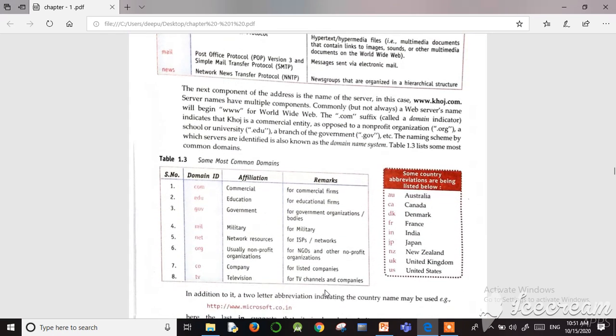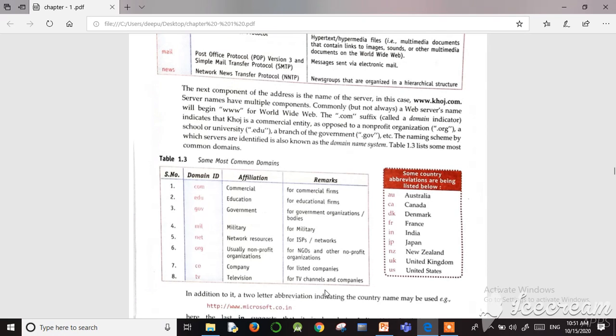Downside, look at that: after the path we see .com or .edu or .gov or .mil or .net and so on. Those are called domain names. .com means commercial, used for commercial firms. .edu means education, .gov means government, and so on. Some country abbreviations are also listed here.